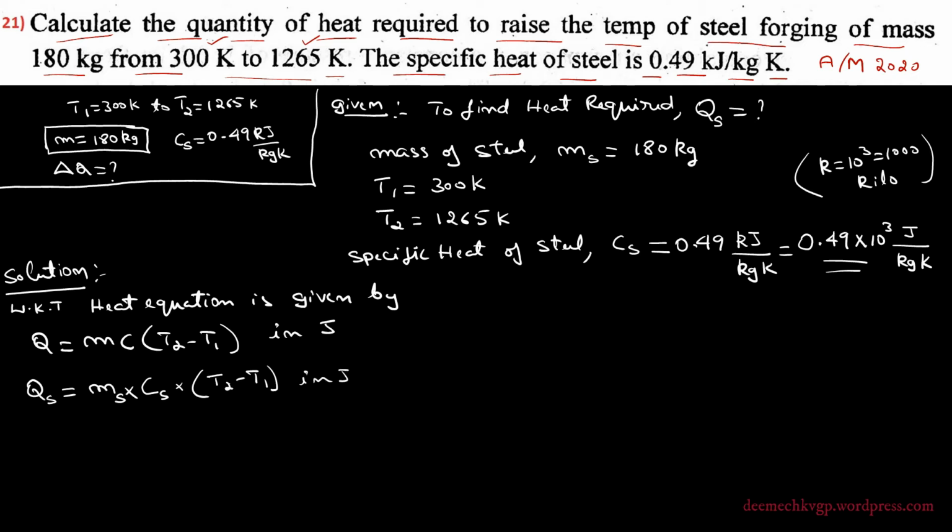Let's substitute the values. Qs equal to mass of steel, 180 kg, multiplied by specific heat of steel 0.49 into 10 to the power of 3, multiplied by T2 1265 minus initial temperature 300 Kelvin, bracket close.